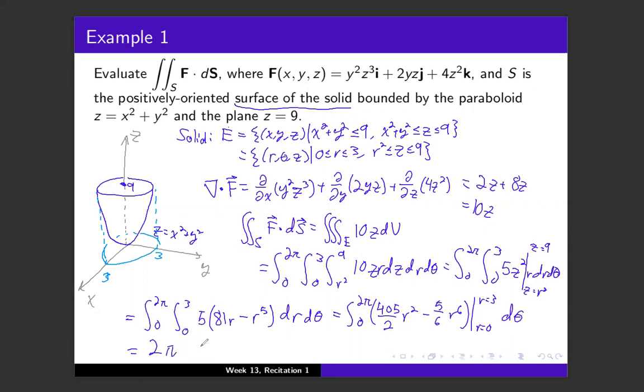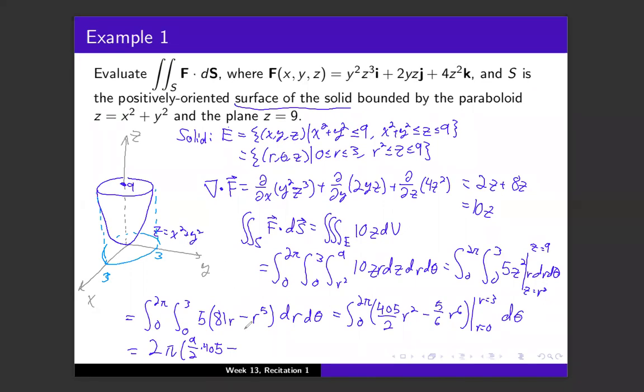And at this point, you're just going through the motions. It's a slightly obnoxious integral, but it's 2 pi times 9/2 times 405 minus, now this becomes r cubed, so, excuse me, 3 to the 6th. 81 times 3 is 243.